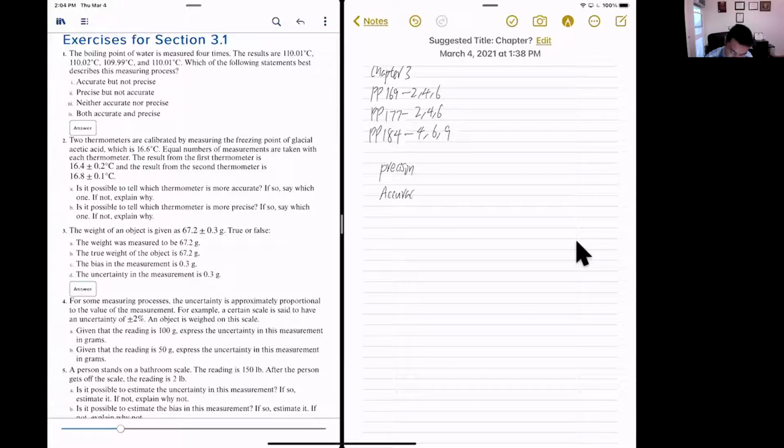Precision is judged by uncertainty, and uncertainty is sigma, correct? And accuracy is calculated by the so-called bias. The bias is equal to the mean value mu minus the true value.